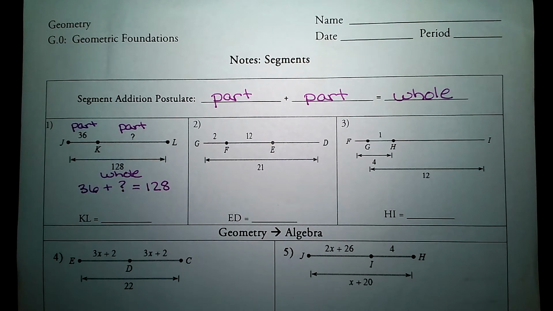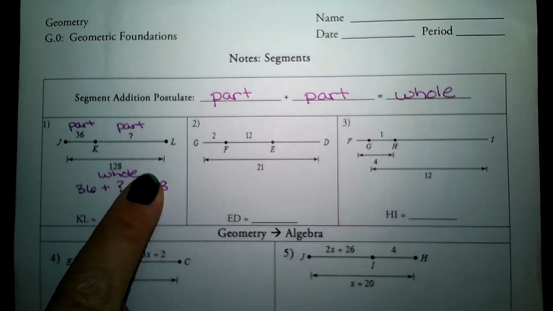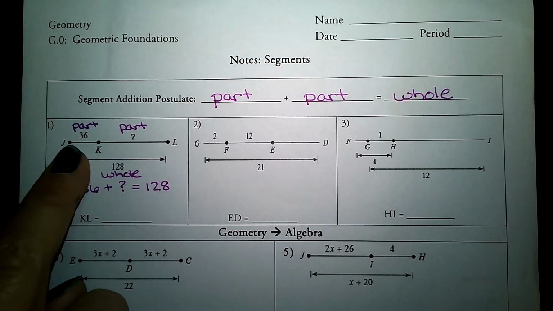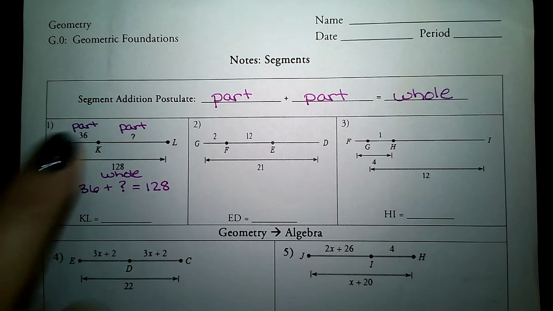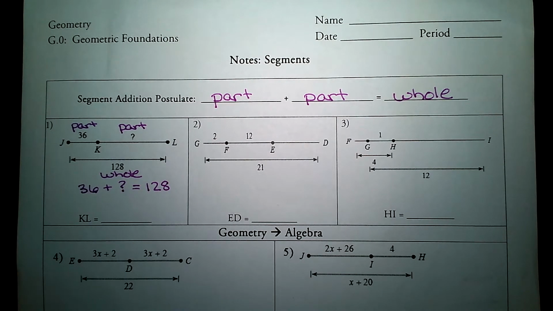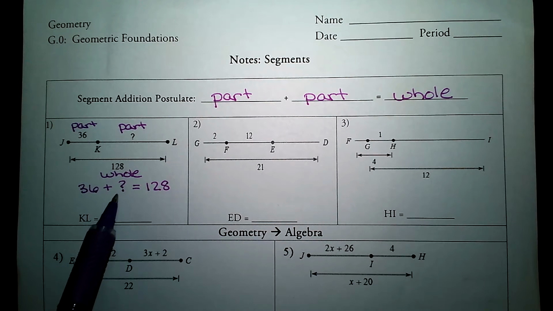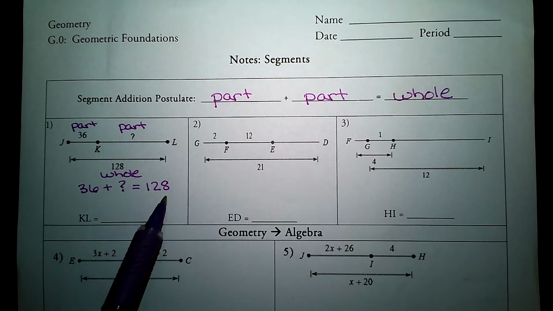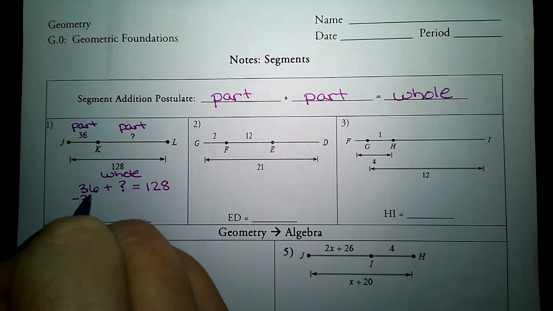Now you may have already figured this out because you would say if the whole thing is 128, Miss Denton, and I've already used up 36 over here, all I have to do is subtract to find that missing value. And you are exactly right. That is all you have to do. Algebraically, to solve for something unknown, we'd get it by itself, which means we'd just be subtracting that 36.